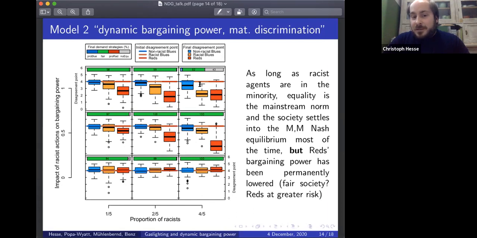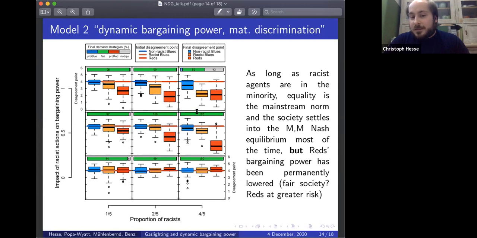But the interesting thing is, even if we have 80% racists, but we only give the racists a little less power in discriminating, then it seems like we're still in the Nash equilibrium. The simulation still ends up in the Nash equilibrium 100% of the time, but the red agents are still disadvantaged.